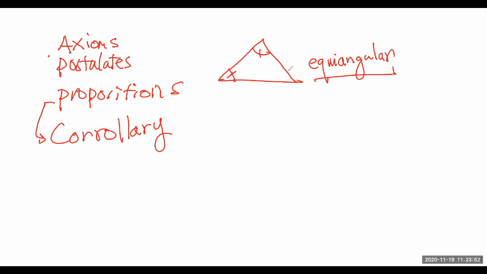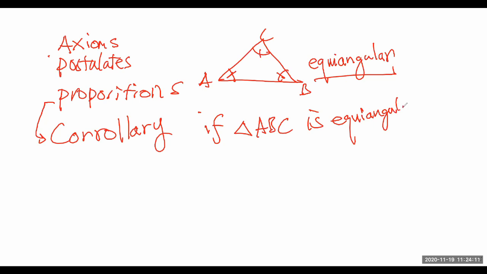And the corollary is, if that's the case, if triangle ABC is equiangular, then it is also equilateral.